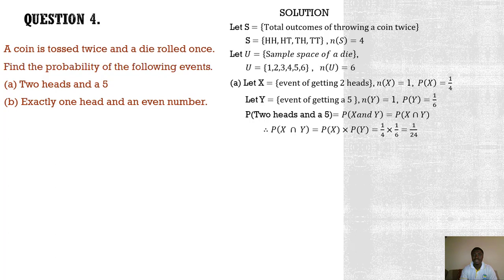Therefore, probability of X intersection Y is equal to probability of X times probability of Y. And when you do the substitution, you are going to get 1 over 4 times 1 over 6, whereby 1 over 4 represents the probability of X and 1 over 6 represents probability of Y. When you simplify, you get 1 over 24.